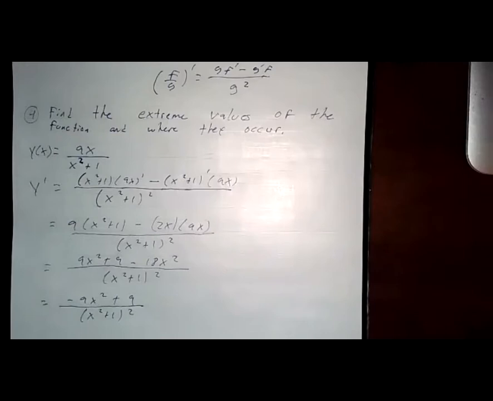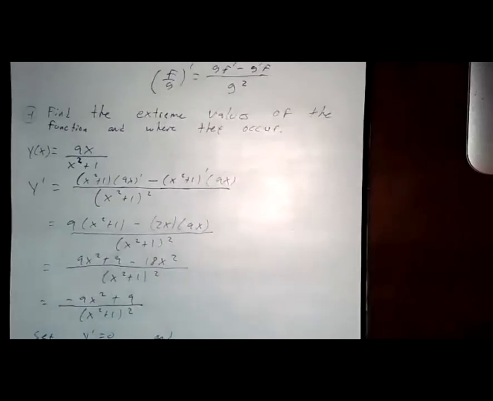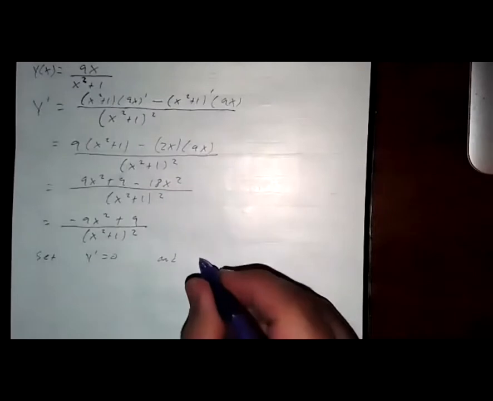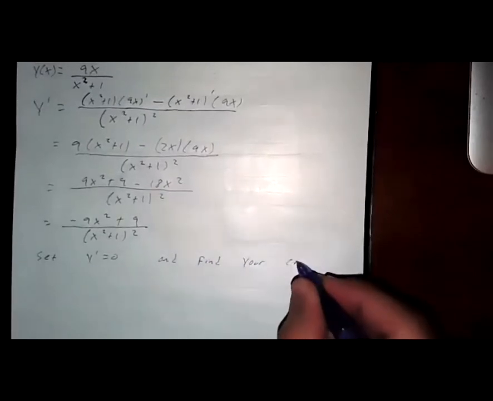All right, so set it equal to 0. See what's going on. So set y prime equals to 0, and find your critical numbers.